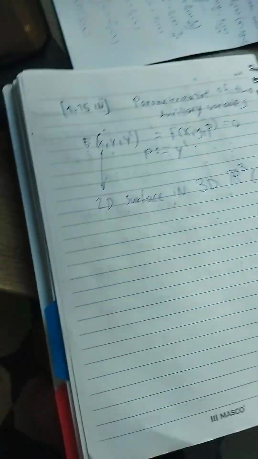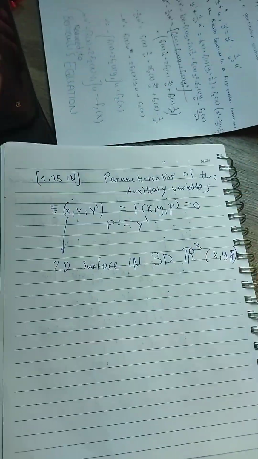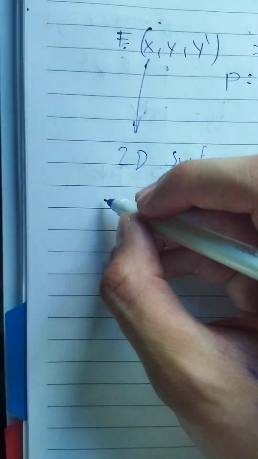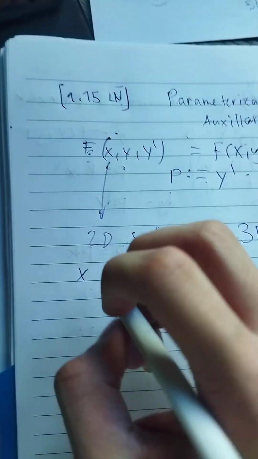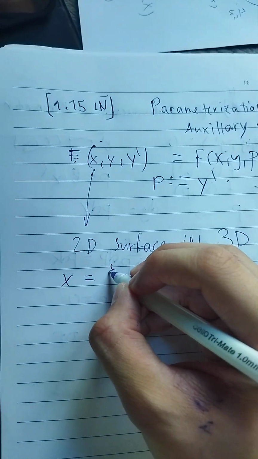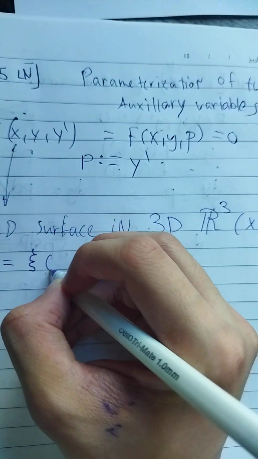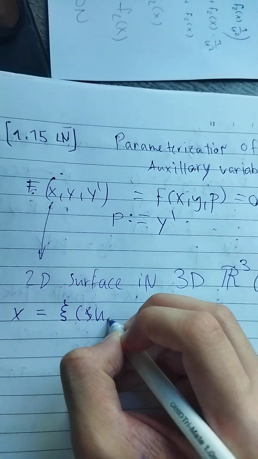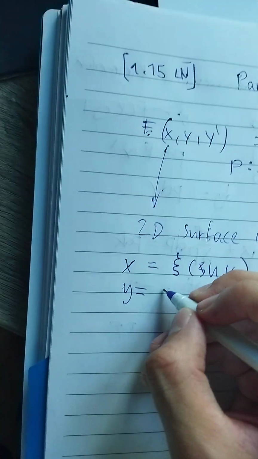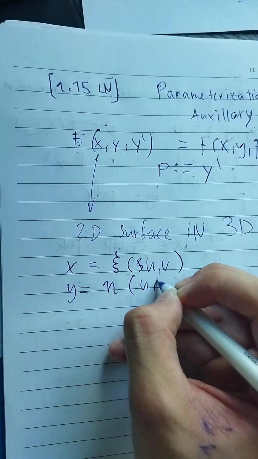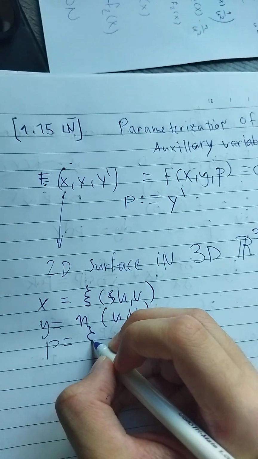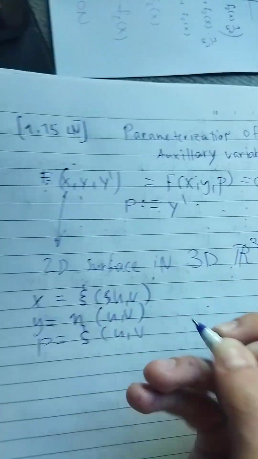So in this case, let's say we can parameterize this using two auxiliary variables. That means this is equivalent to stating that x is equal to xi as a function of u and v, and y is equal to eta as a function of u and v, and p is equal to zeta as a function of u and v, right?